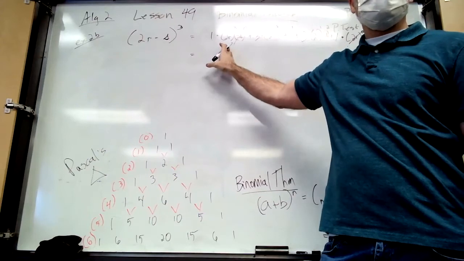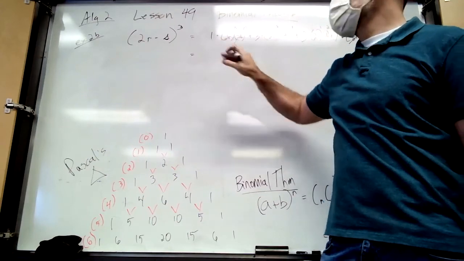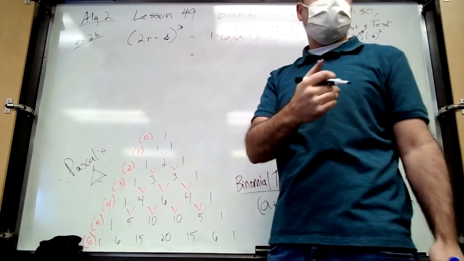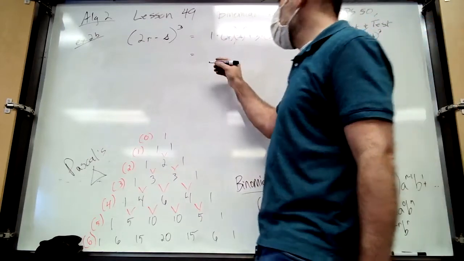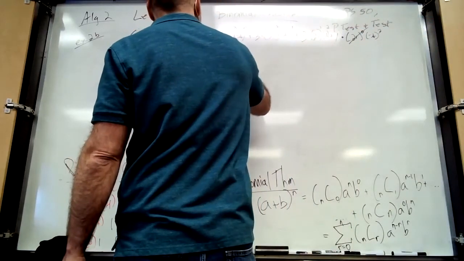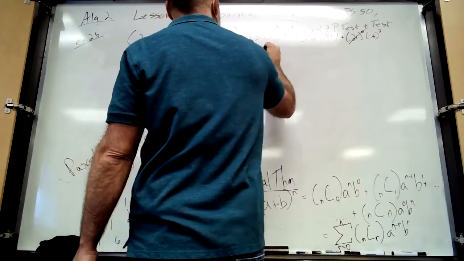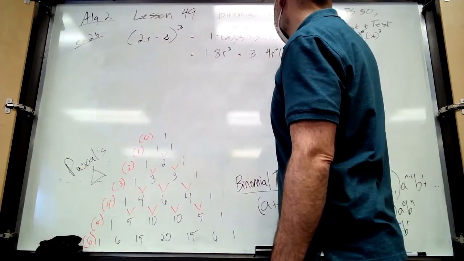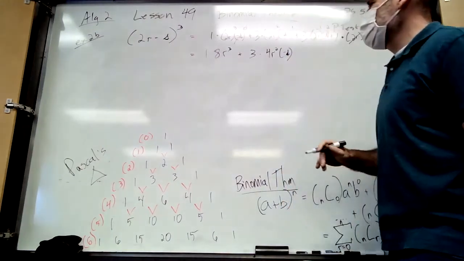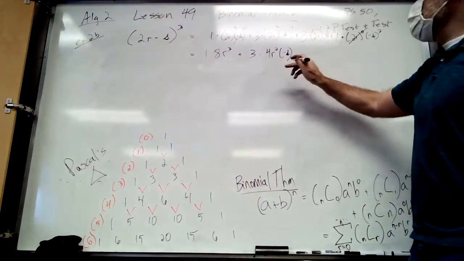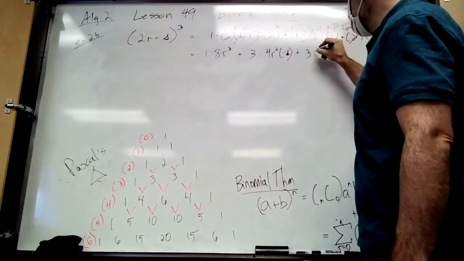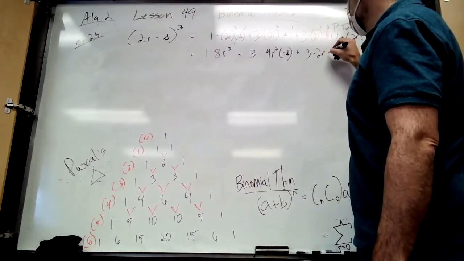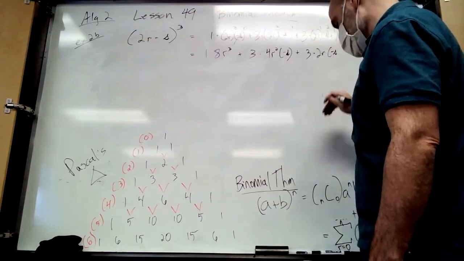2r. 8r cubed. That's right. 2r times 2r times 2r is 8r cubed. And then 3 times, let's see, that's 4r squared times negative s. See what I did there? Okay, plus 3 times 2r times negative s, or negative s squared.